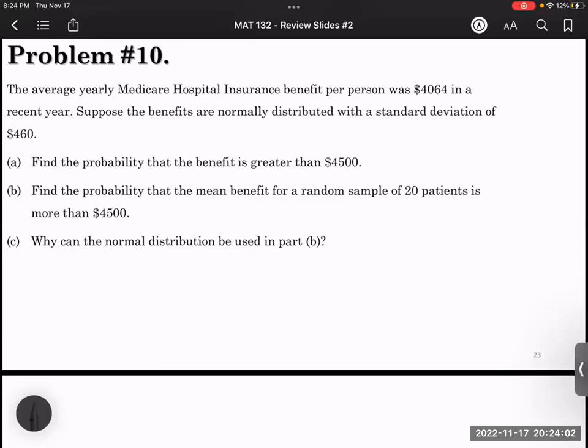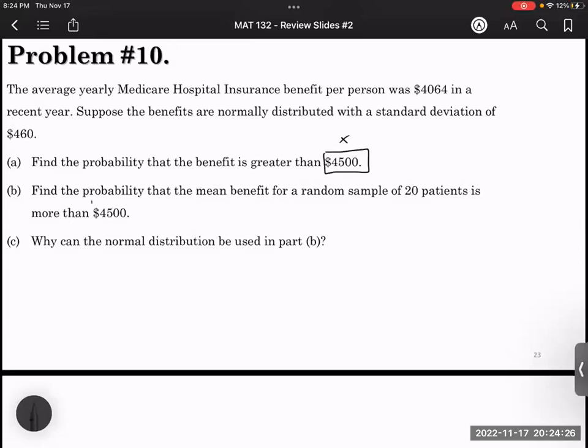Yes, that's a data value, but a stricter one. The 4,500 in part B is a sample mean. So in part A, 4,500 is just the variable X, an individual value from whatever data set we're dealing with.